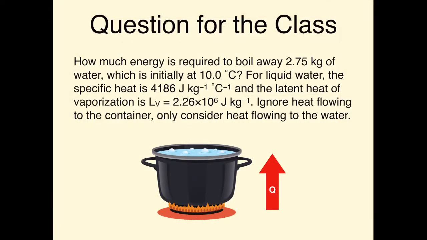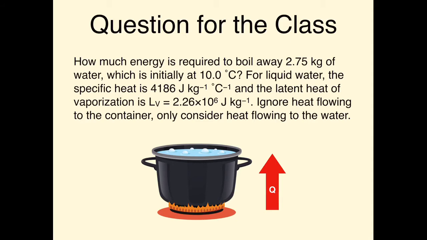Okay, so here's another example, and I'd like you guys to try to do this one on your own at home. The question is, how much energy is required to boil away 2.75 kilograms of water which is initially at 10 degrees Celsius? So roughly that's how hot the water would be if it came out of the tap.